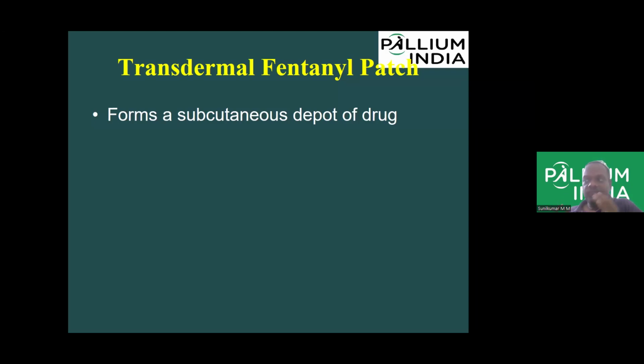So for the first 8 to 12 hours after you apply the fentanyl patch, there will not be pain relief. You have to educate the patient about this. Otherwise, like this patient who removed the fentanyl patch after 5 hours, that would happen. These are all real stories because many patients come to us.